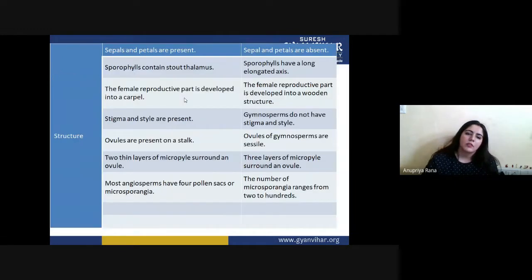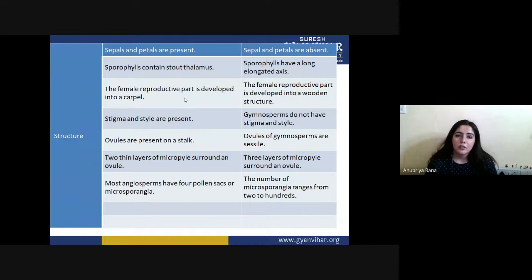But this is just one group which possesses that kind of structure. Otherwise, all other gymnosperms do not have vessels. Now, sepals and petals are present in angiosperms, because they are part of the flower, and gymnosperms do not have any kind of flower. It is obvious that sepals and petals are absent.